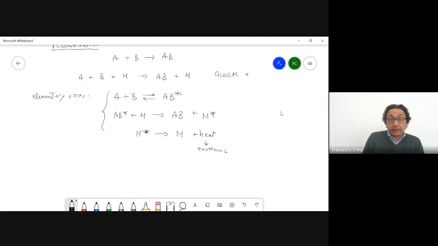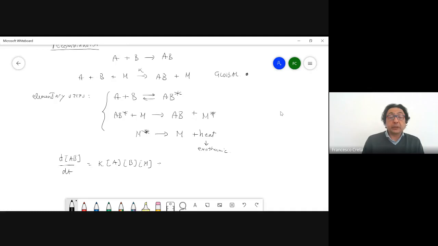Again, here, look at the global process. If I need to write down the rate of production of AB, this is essentially what? Well, some constant K times, well, what? The product of all the reactants, in this case, A, B and the third body.